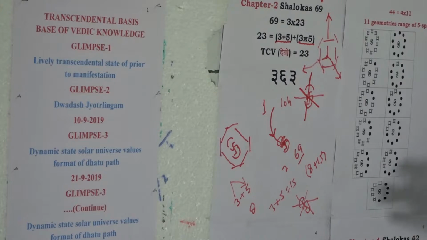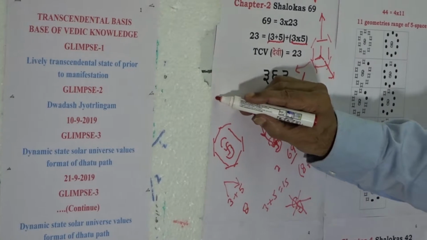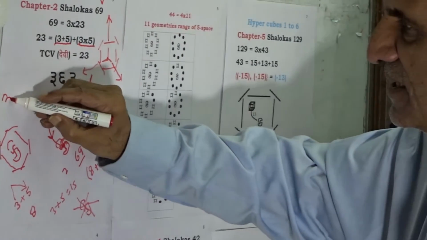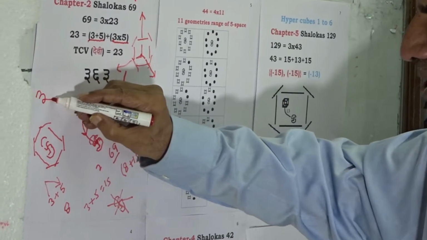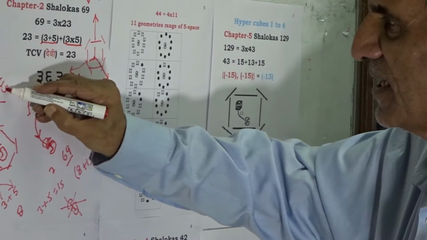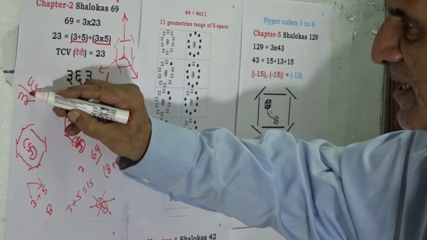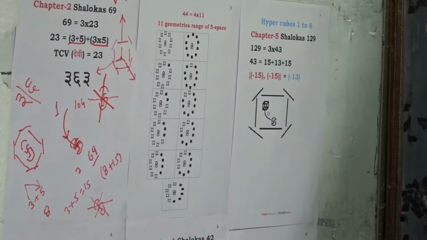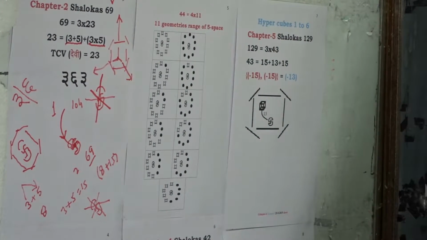Further, we know that in Devanagari script this is value 3 and its reflection image is a value 6. It is this feature which deserves to be comprehended well.